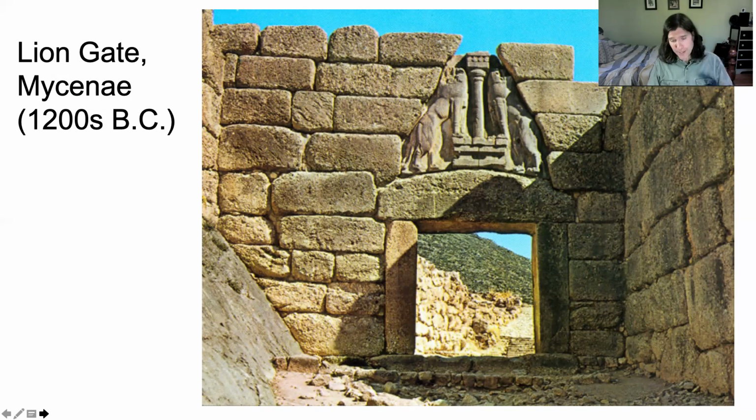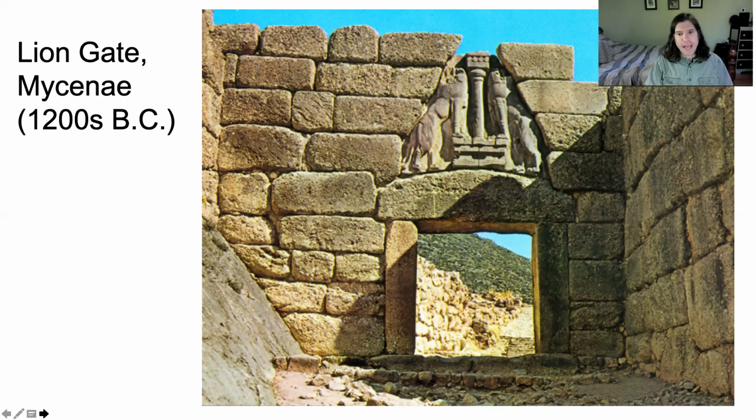In contrast to the Minoans, who had these great cities, but their cities were unwalled, the Mycenaeans built these great walls around their city. And the Lion Gate is a part of that wall that surrounded the citadel of Mycenae. Well, what else do we know about the Mycenaeans?